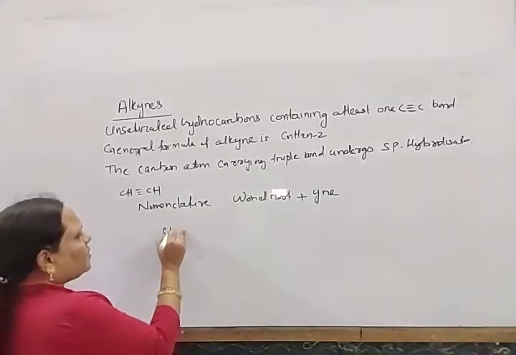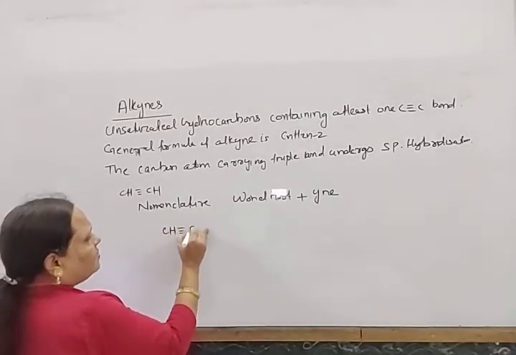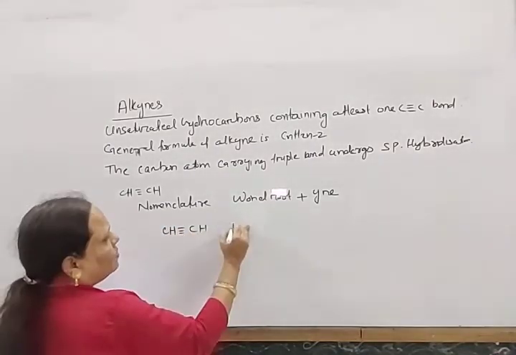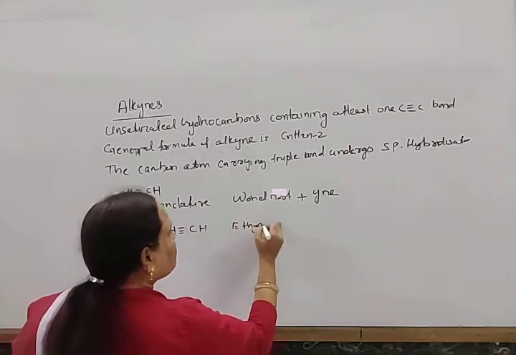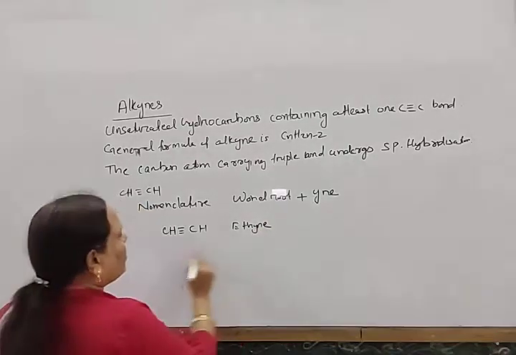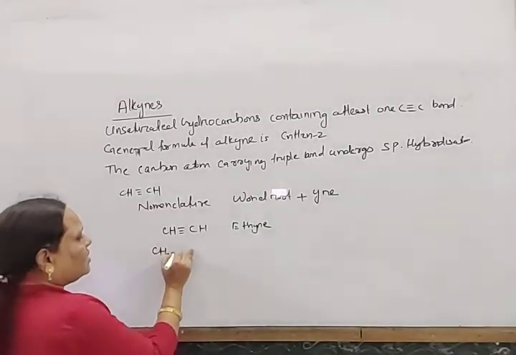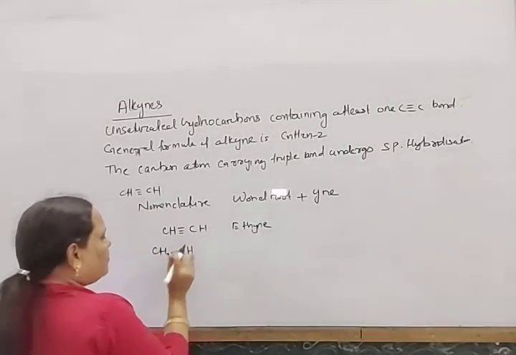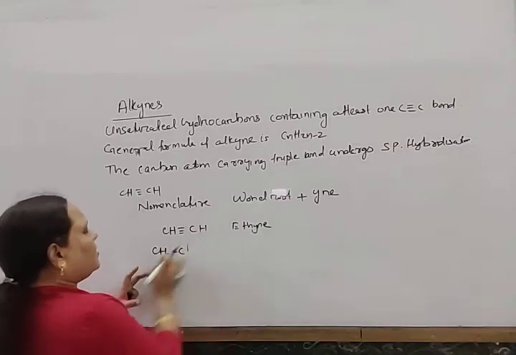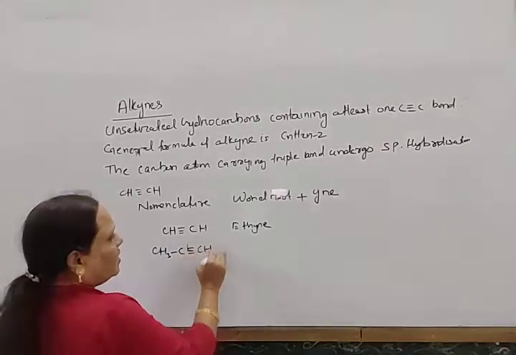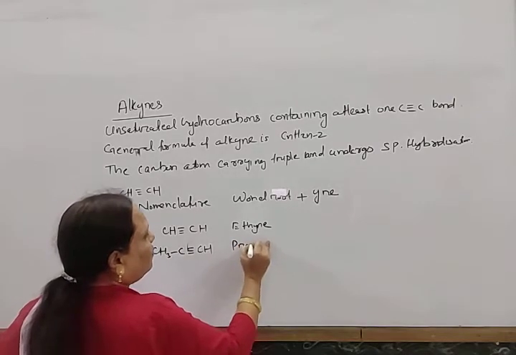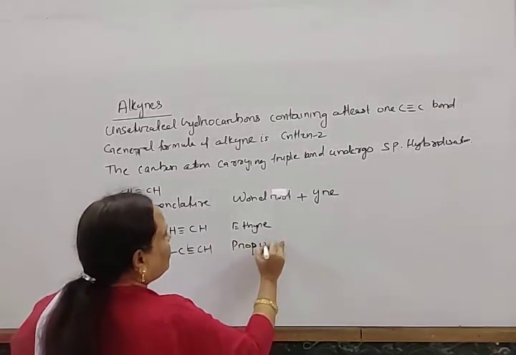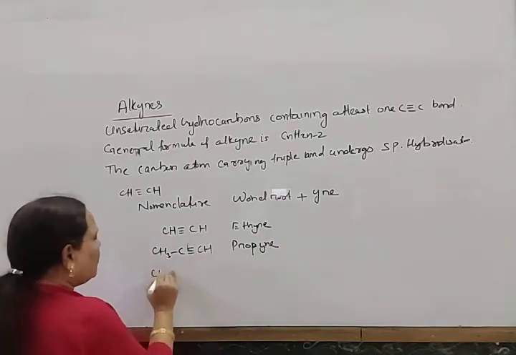For example, CH triple bond CH, the word root is eth. This is known as ethyne. Similarly, CH3 C triple bond CH has 3 carbons, the word root is prop, so propyne.